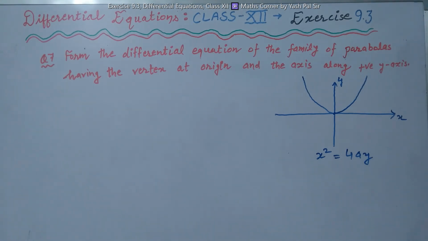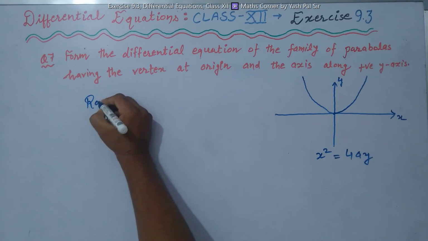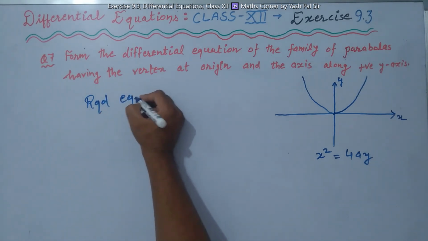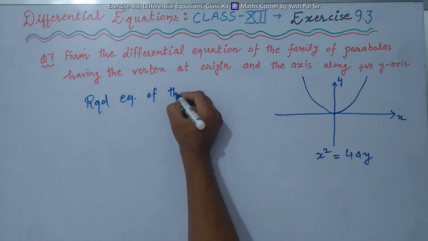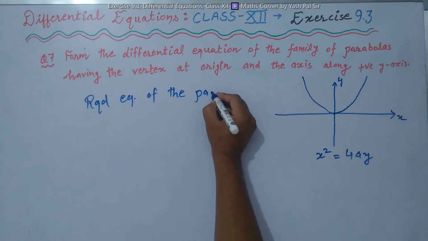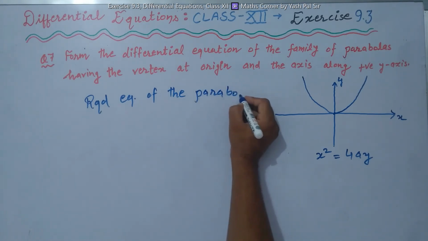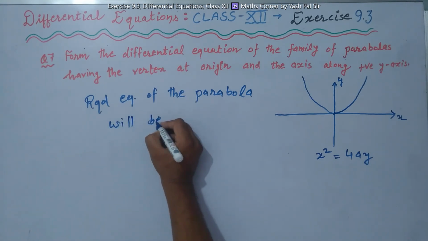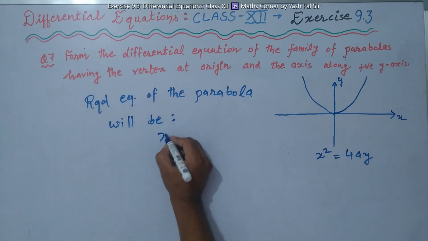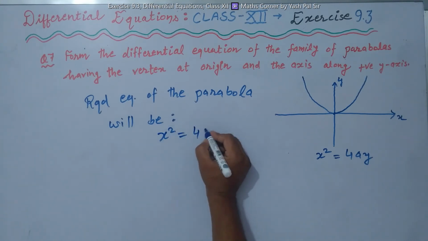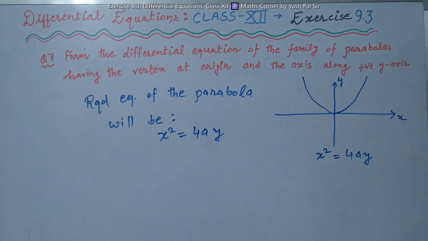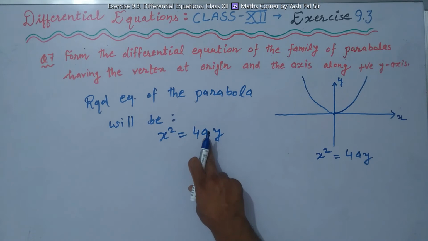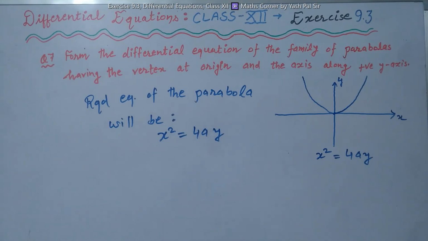So now, the required equation of the parabola will be x square is equal to 4ay, right? Now what is our role? What to do next? We are required to eliminate this arbitrary constant a.